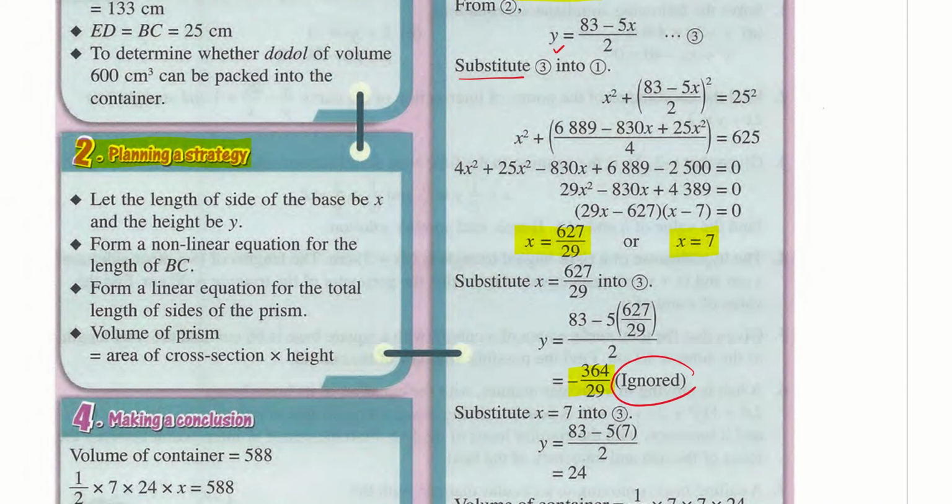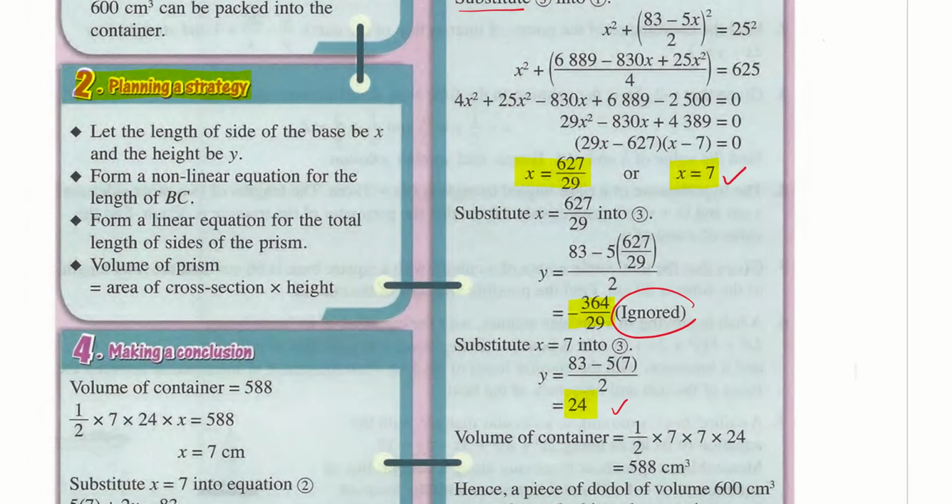Length cannot be negative. Panjang, jarak, berat, tak logik kalau kita ambil nilai yang negatif. And when we substitute the other value into the y equation, we get 24. So we take y equal to 24 and x equal to 7.